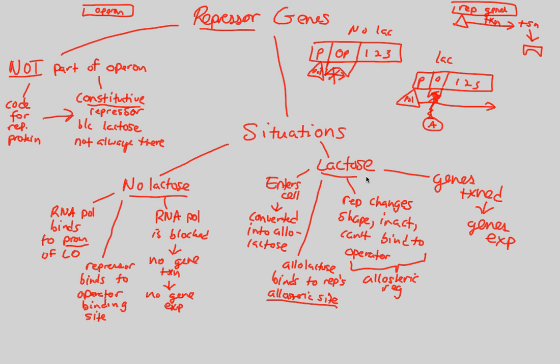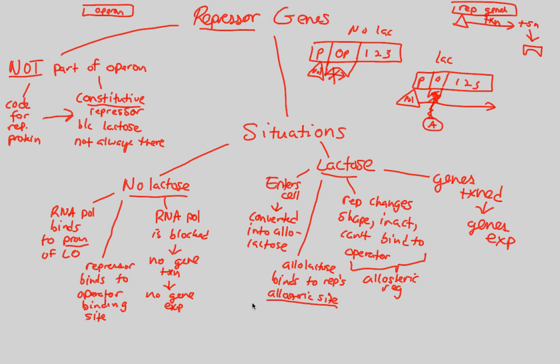Because there is lactose. So it makes sense to express the genes necessary to metabolize lactose. Lactose is in the environment. Thus, we're going to regulate the genes that usually say no lactose, and tell them to turn on, tell them to be expressed, tell them to be transcribed into those 1, 2, and 3 genes that we already have mentioned.